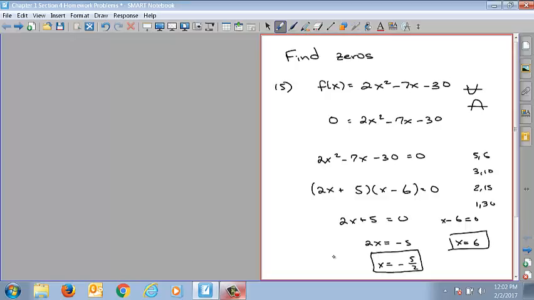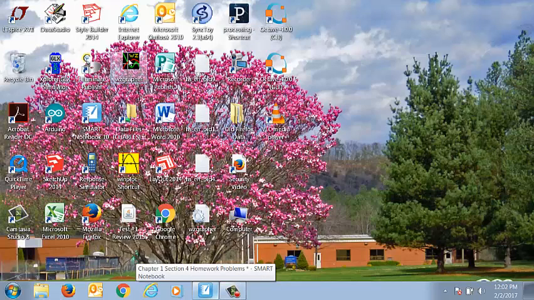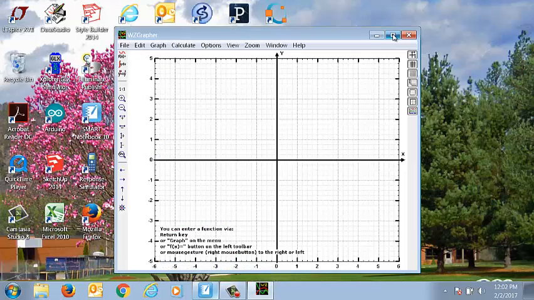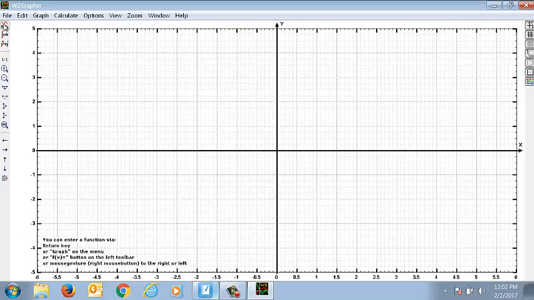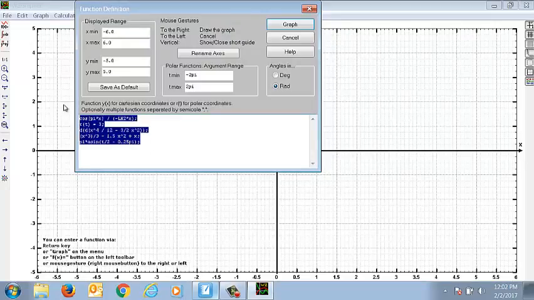And I was going to plot it. So let me open my graphing program here. I'll just make it big so you can see it. So our function is 2x squared minus 7x minus 30.